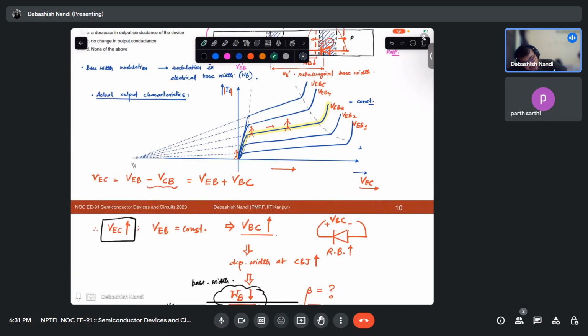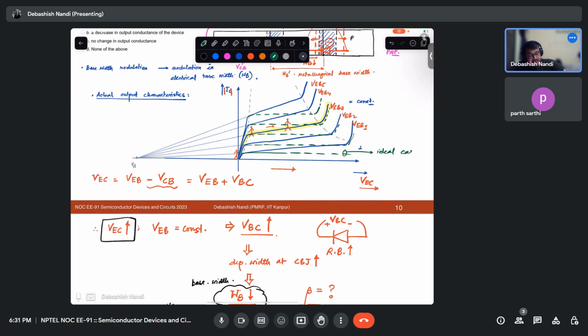Ideally, what should have been my profile? Ideally, this should saturate, and then be like this. Do you agree? So ideally this should be the profile.